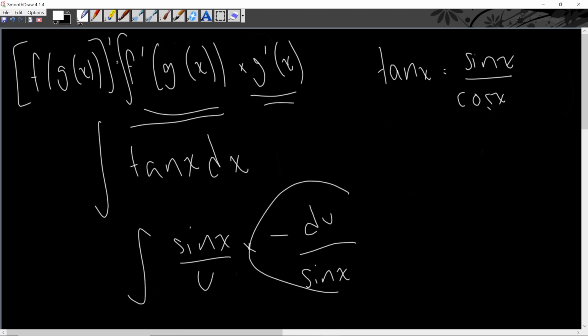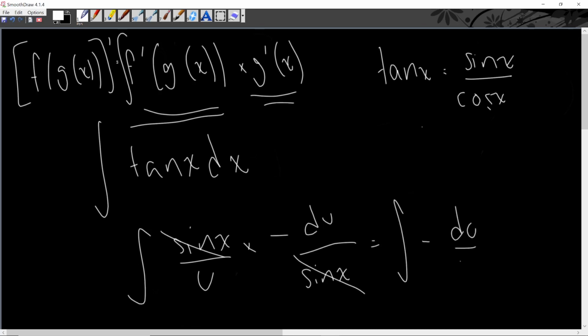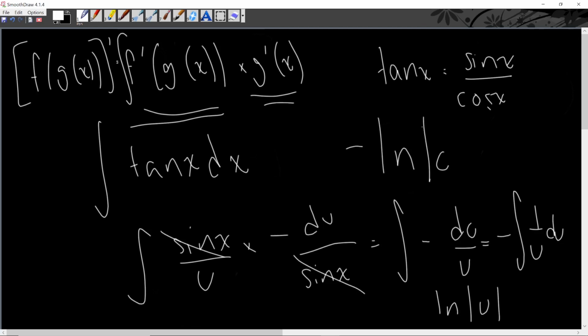From here, we simply cancel out those sine x's and we're left with the integral of negative du over u. Now we take out that negative, and we have the integral of 1 over u with respect to u, and that's just going to be ln absolute value of u, with u being cosine x, so we have negative ln of cosine x plus c.